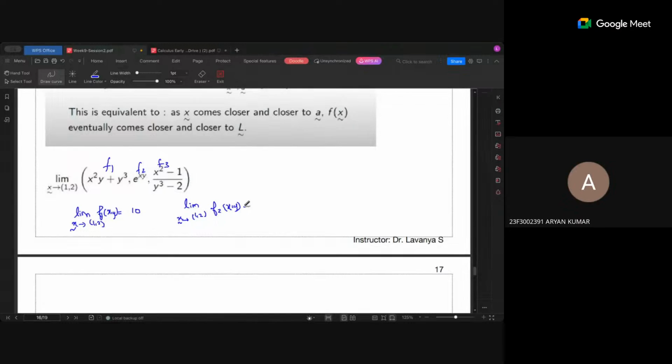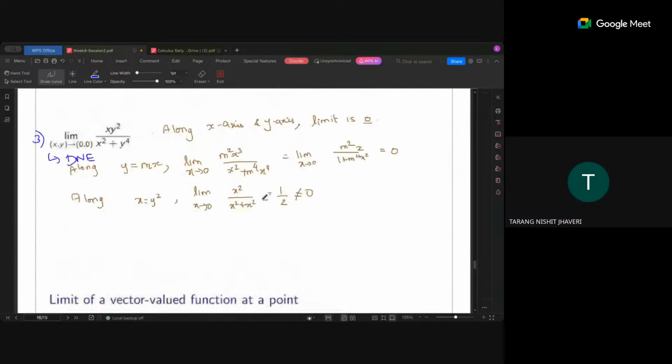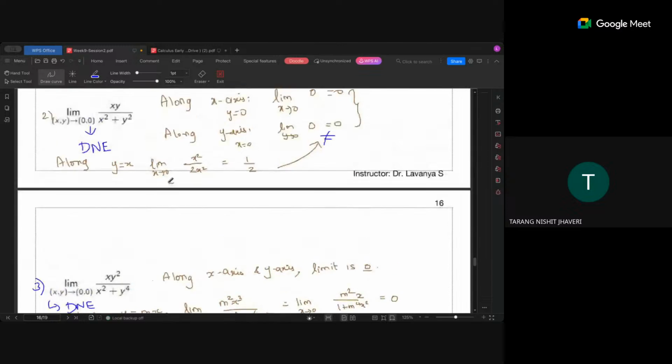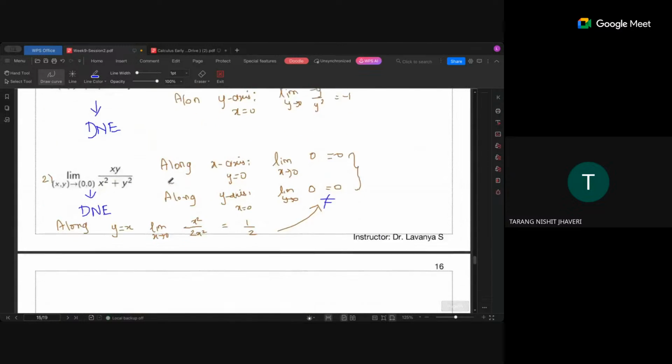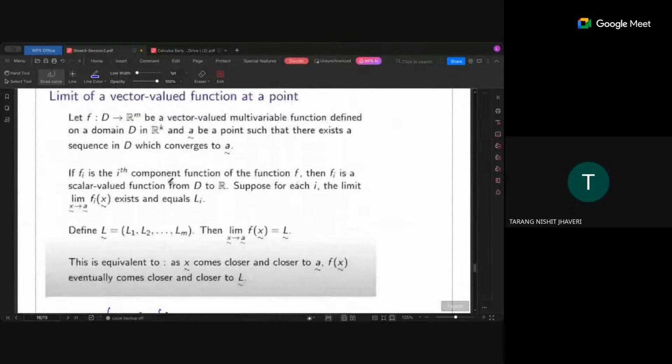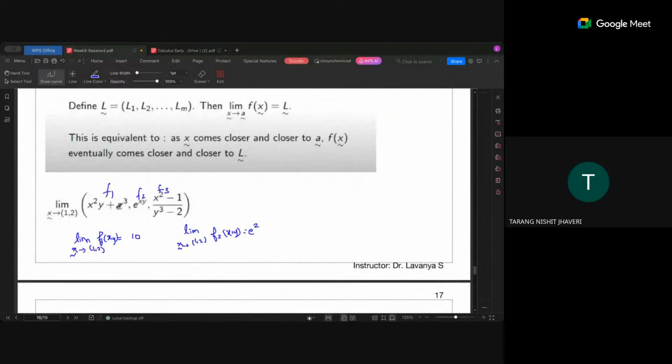Ma'am, why didn't we pass it through any of the curves like in the previous question, where we passed it through the x-axis and y-axis? Here, why didn't we proceed that way?